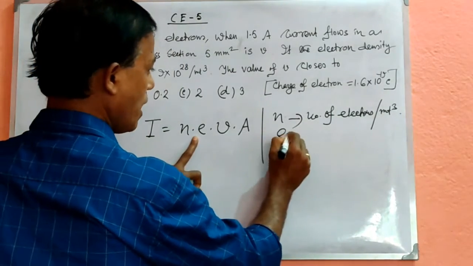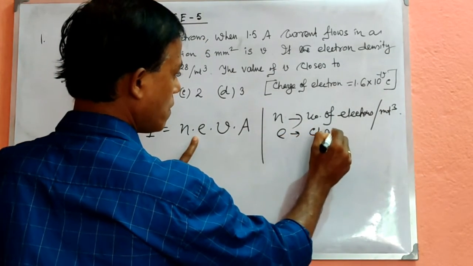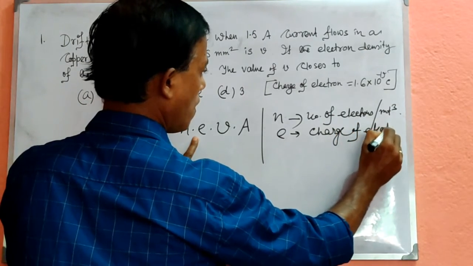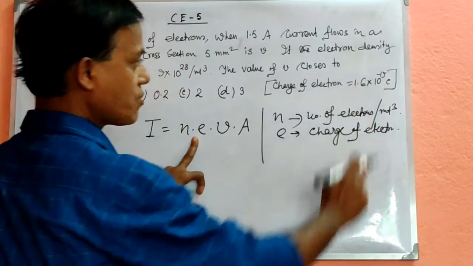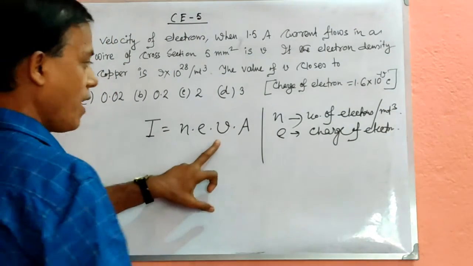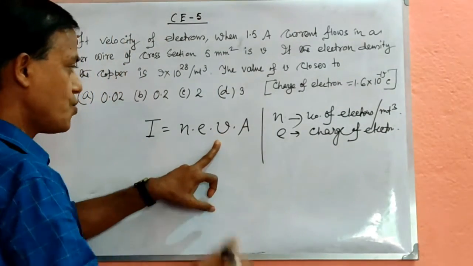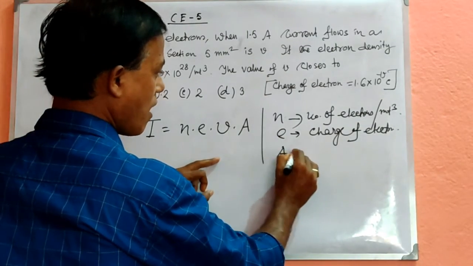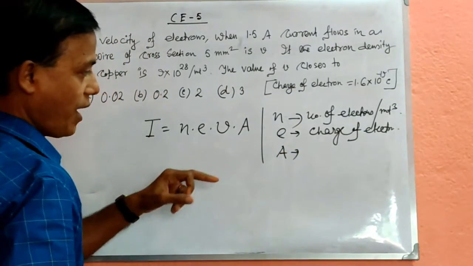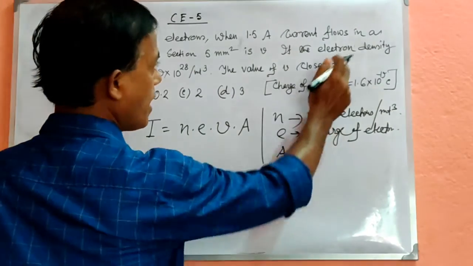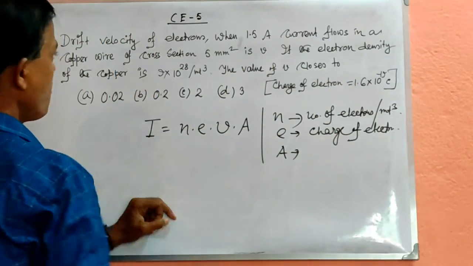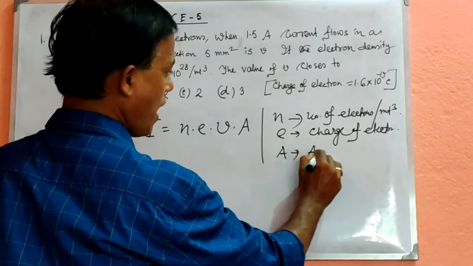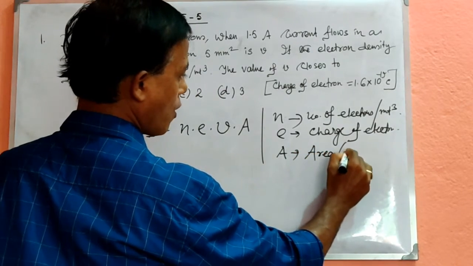E হচ্ছে charge of electron, that is given 1.6 into 10 to the minus 19 coulomb. V drift velocity, which we have to find out, and A area of the wire, it is given here 5 millimeter square, cross sectional area of the wire.